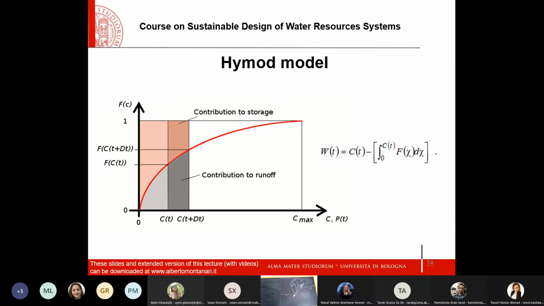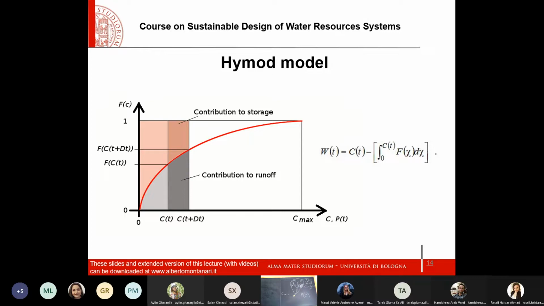Because once you understood that this red curve is given by two parameters, Cmax and beta, good. And then I have rainfall, which is input data. So if I use rainfall on the horizontal axis, because rainfall is equivalent to C(t), the result is that the area below the curve, up to time t plus delta t, whatever time, is river flow.